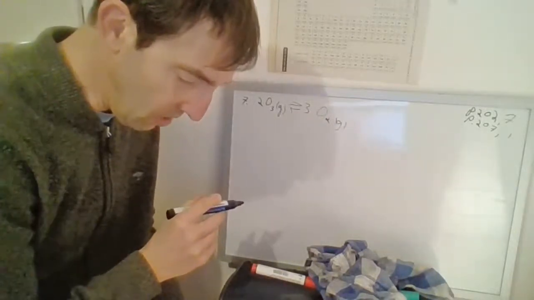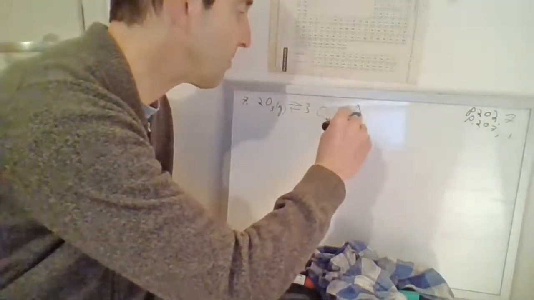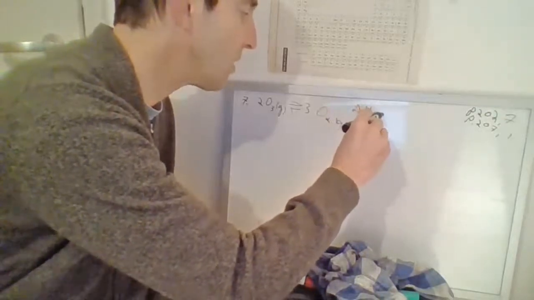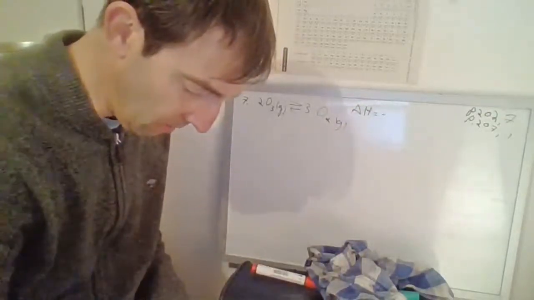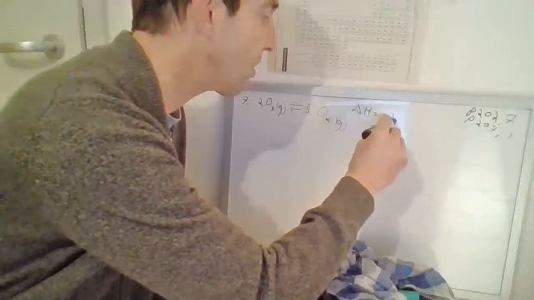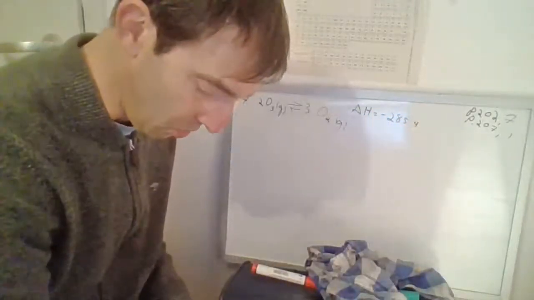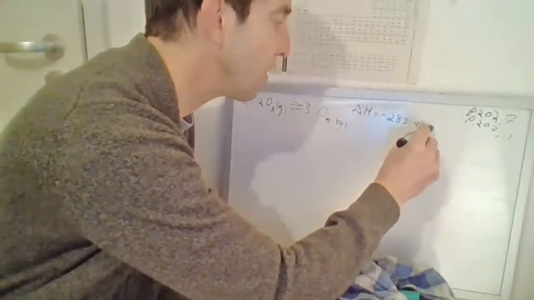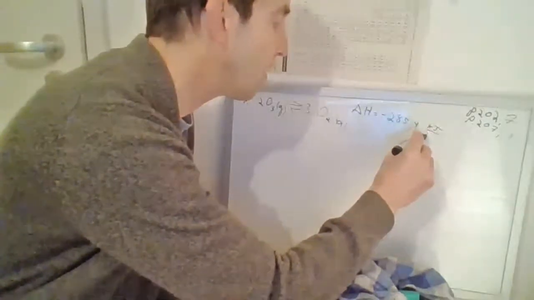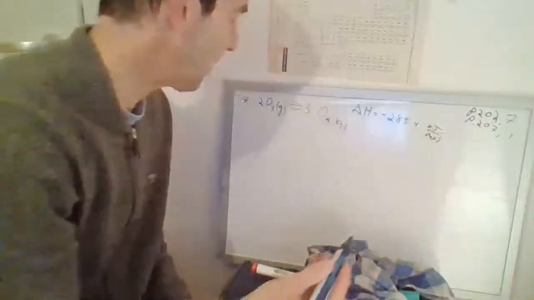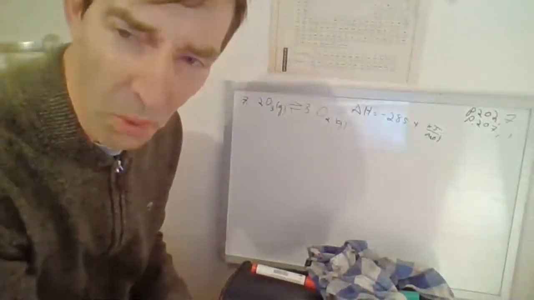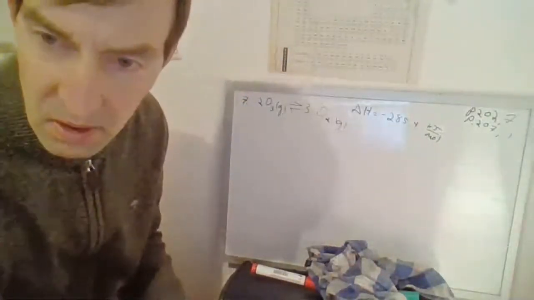And the delta H is negative 285.4 kilojoules per mole. And I think it means per the way the reaction's written.